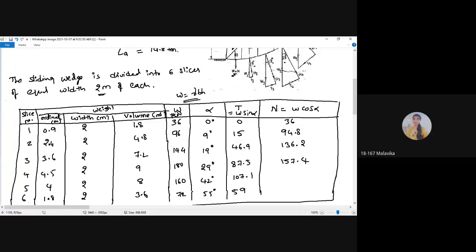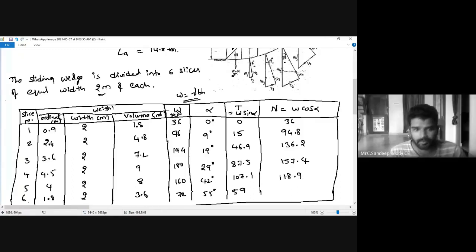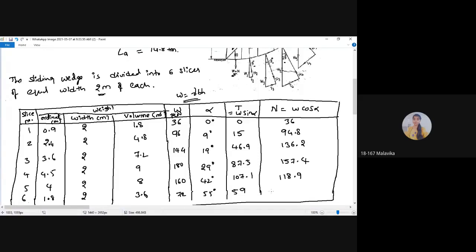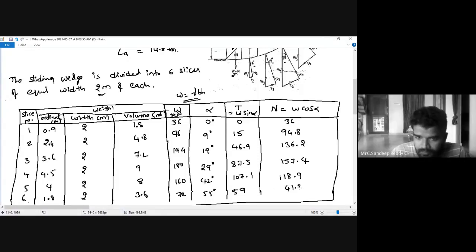This I write, 118.9. Yeah, very important. And the last one, 41.3. Yes, that's it.